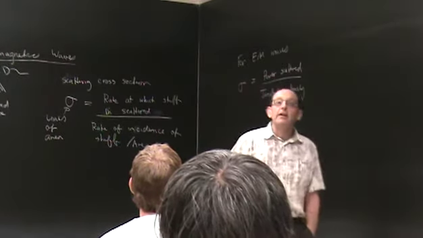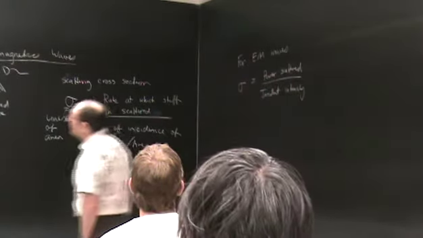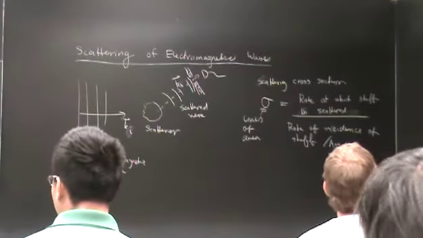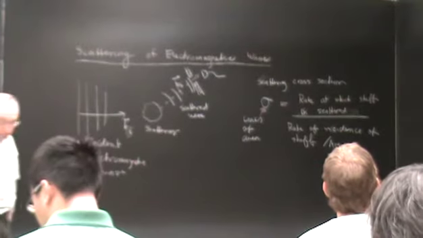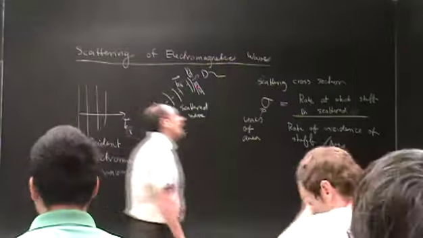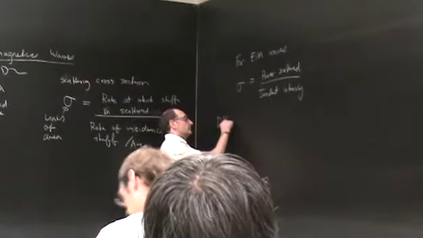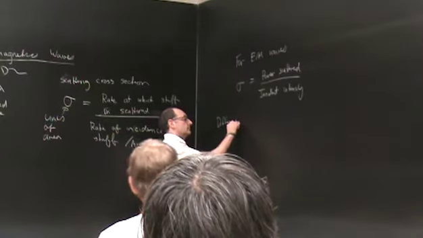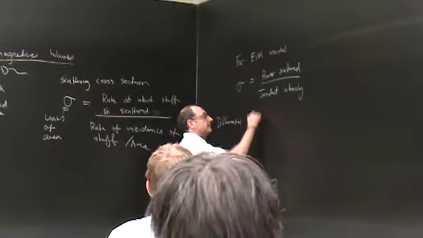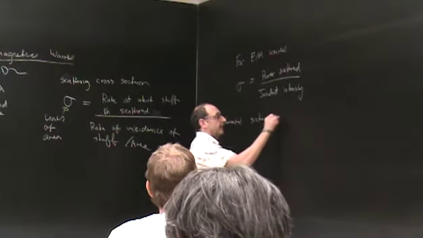Okay? Now, there's lots of little labels we can put on this depending upon exactly what we're talking about. Quite often, what we're interested in is a differential scattering cross-section.